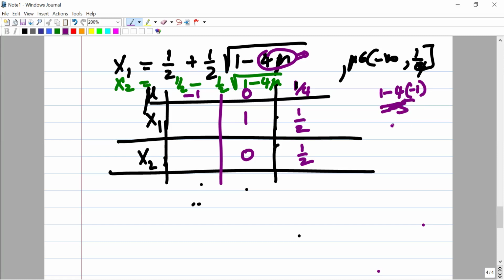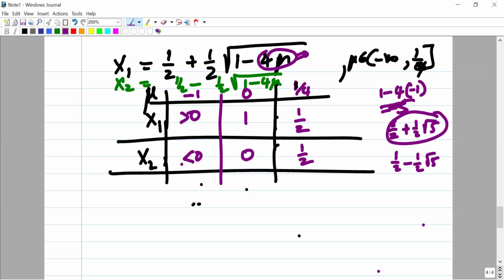So that will be half plus half root 5. So it's greater than 1, this one. So it is on top, it's just greater than 0. So for x2, it is half minus half root 5. So this is less than 0.